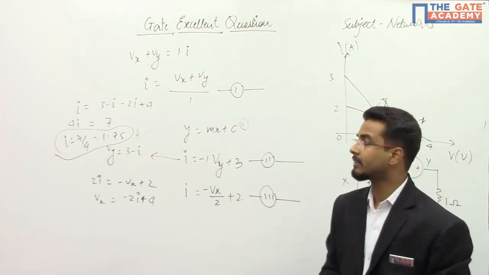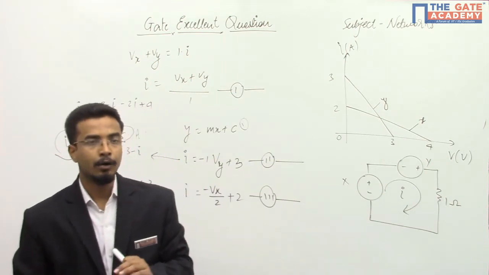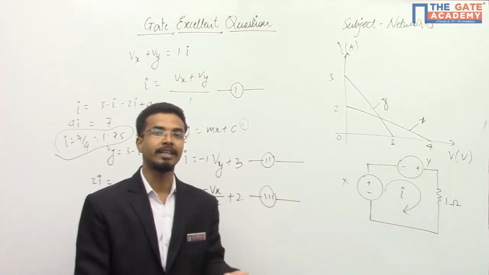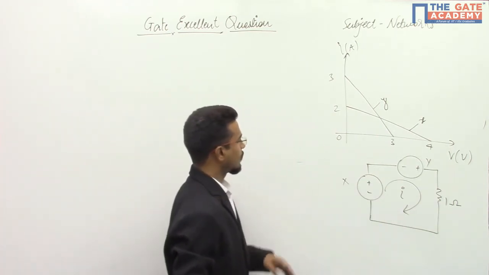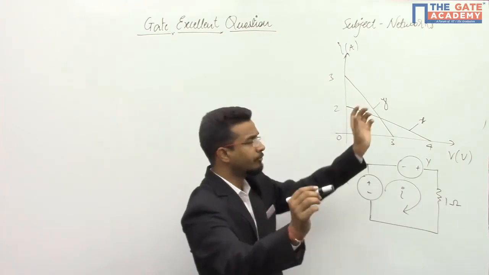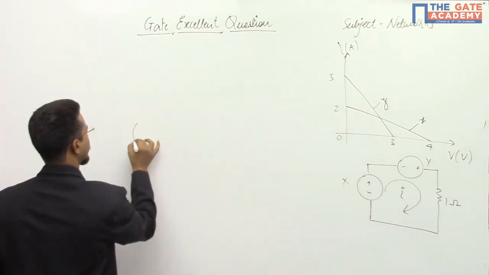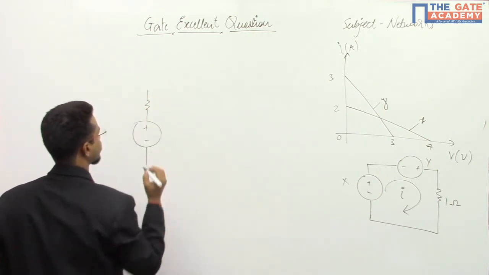Now another method: if I am aware of how any non-ideal, meaning practical, voltage source is represented, I know that a practical voltage source is represented as a voltage source with one resistance in series.